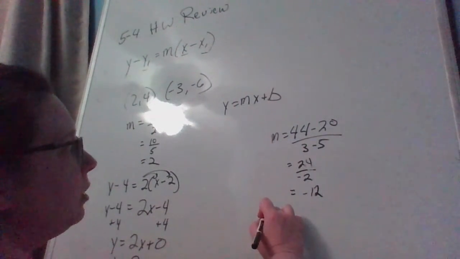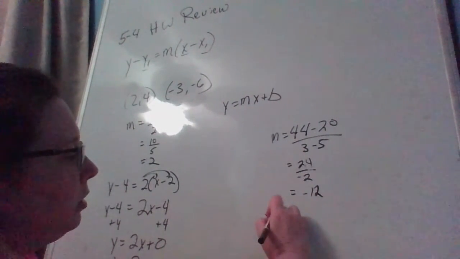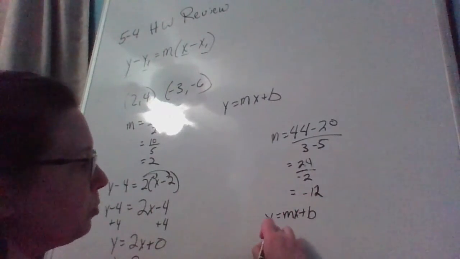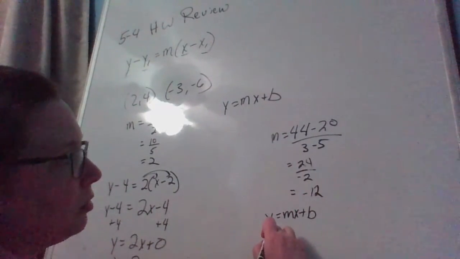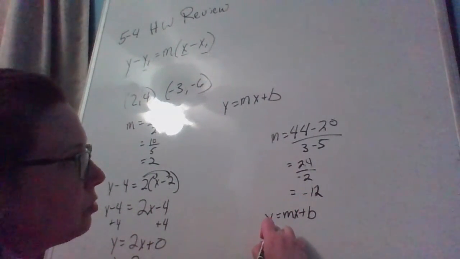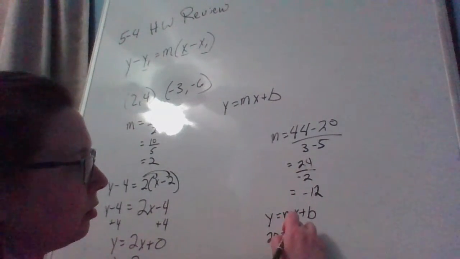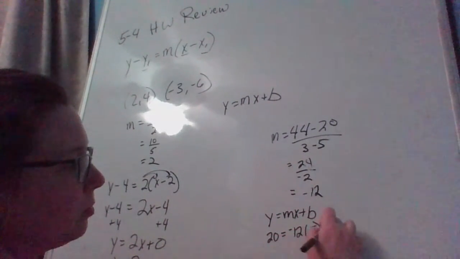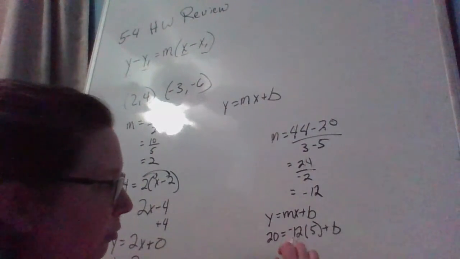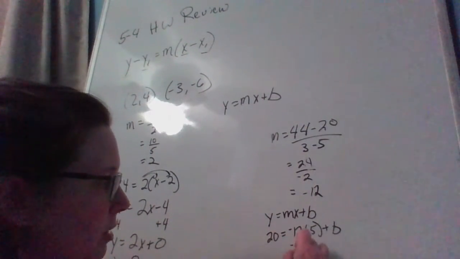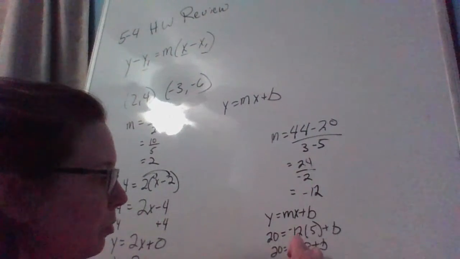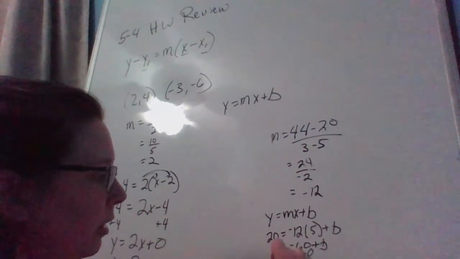We can plug in one of our points, it doesn't matter which point, I'm going to use 5 and 20. We know our slope. If we multiply this, we get negative 60. So we're going to add 60 to both sides.